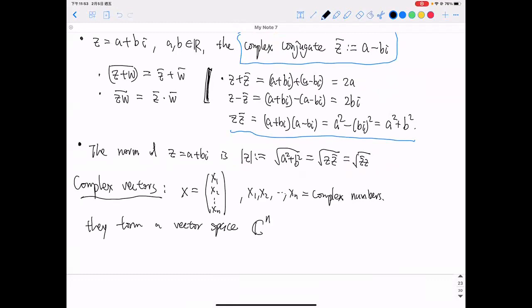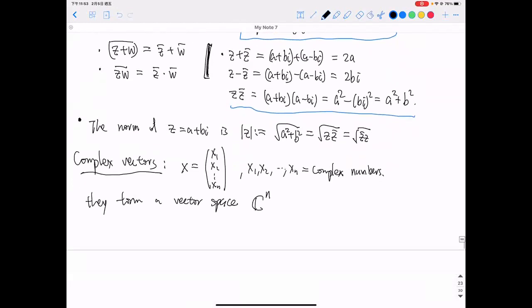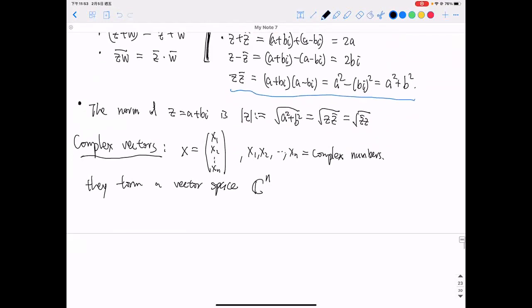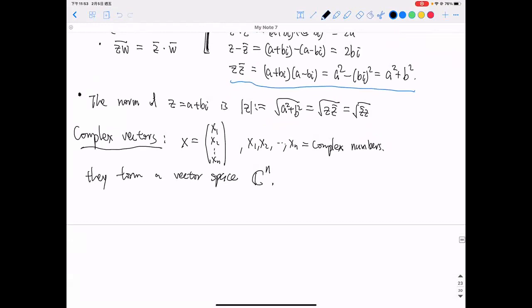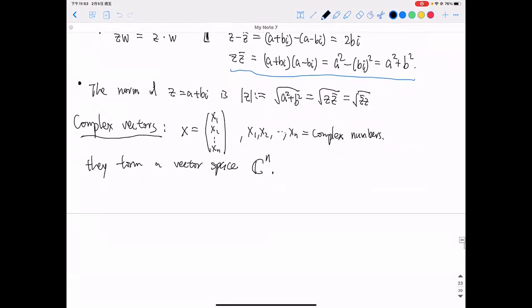Now this one is denoted by C^n. Now we need some further notions for complex vectors as follows.